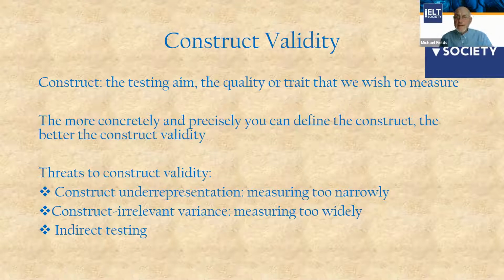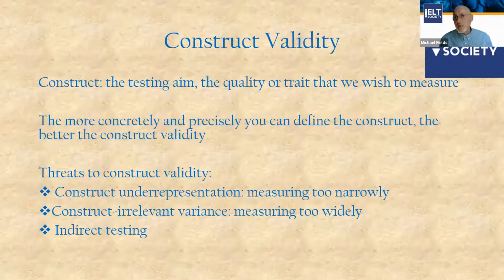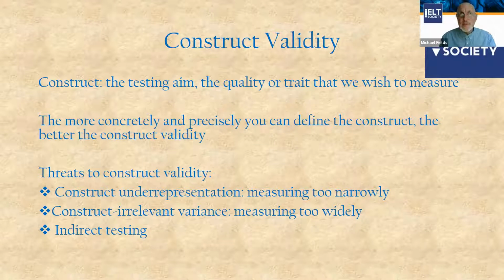When we do indirect testing, so for example, if I say I'm giving a reading test and I'm going to select 20 vocabulary words, and I expect all my students to know these because they would be relevant, I'm going to select 20 academic words from the academic word list because these would be relevant in any academic reading.